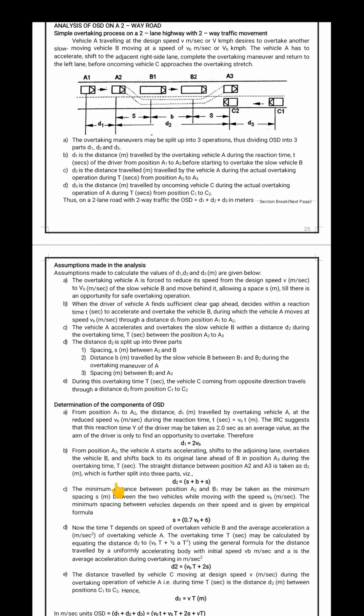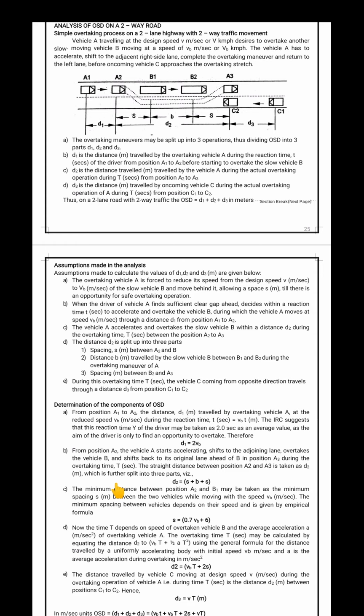Moving from A2 to A3 takes the overtaking time, capital T. Now the distance d2 is equal to v into capital T. But we don't know what v will be, how much speed has to be maintained so that he can cover the distance d2.